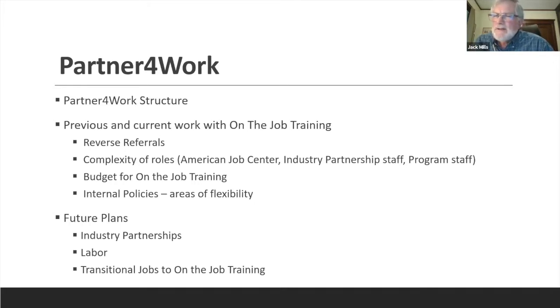So I want to then start with our current practices on the job training. And our on the job training is about employer commitments, developing and adhering to a training plan, and being responsive to our American Job Centers.